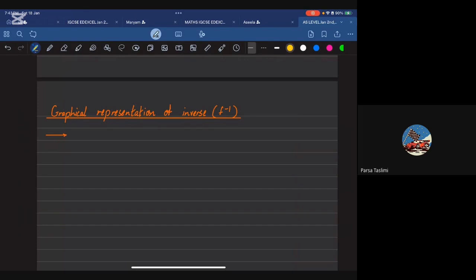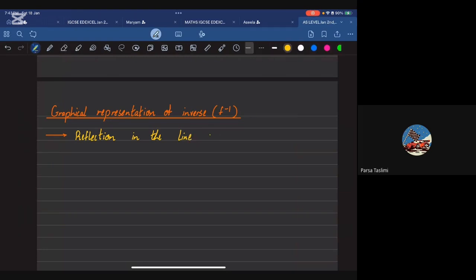So whenever you're trying to draw or graphically represent an inverse of a function, you're just trying to reflect, or you can say reflect in the line y is equal to x.